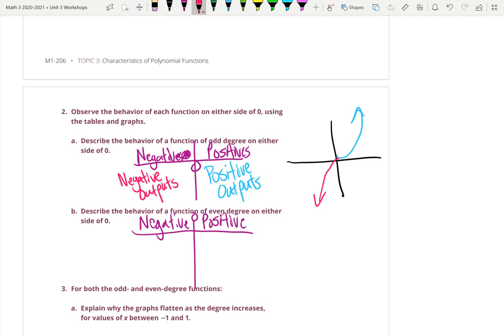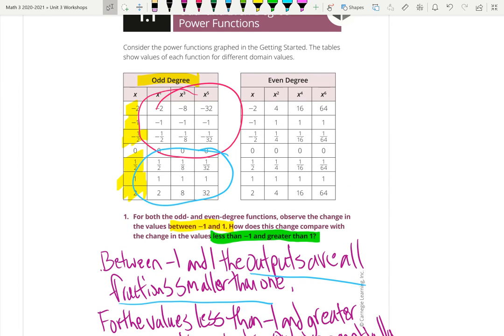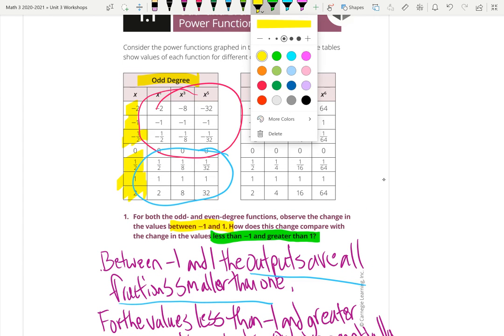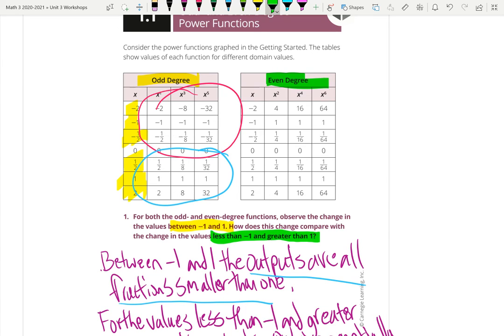Likewise, I look at the same chart. I am looking at evens now. Let's look at the negative values. Here they're positive. Let's look at the positive values.